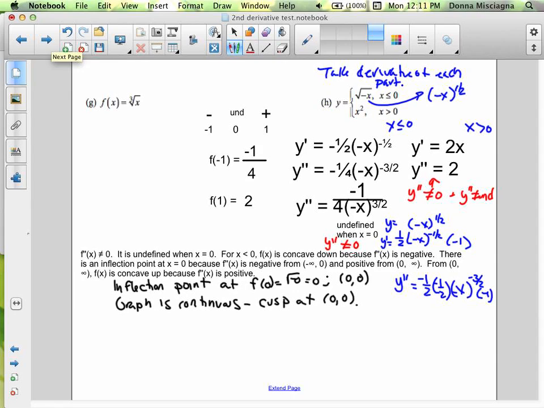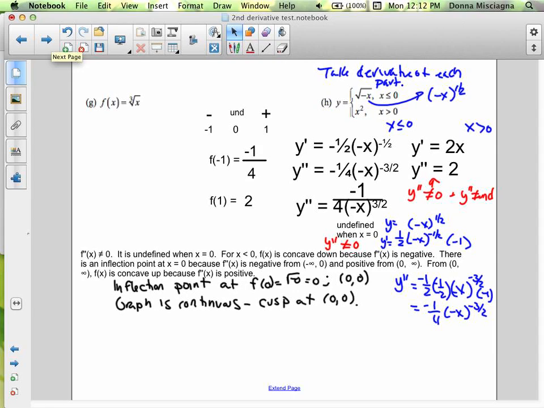So that does make that negative 1/4, because there's an odd number of negatives, and that's negative x to the negative 3/2. And then we can simplify that at this point. So we have negative 1/4 times negative x to the 3/2 power.